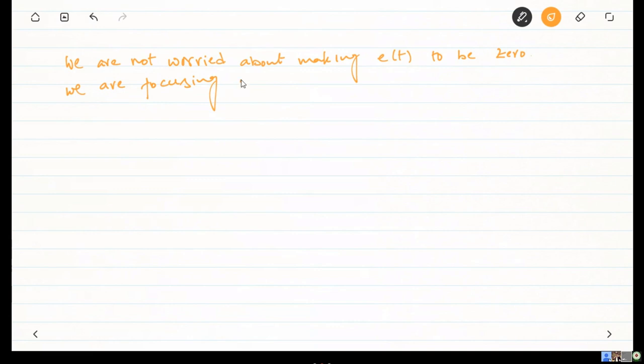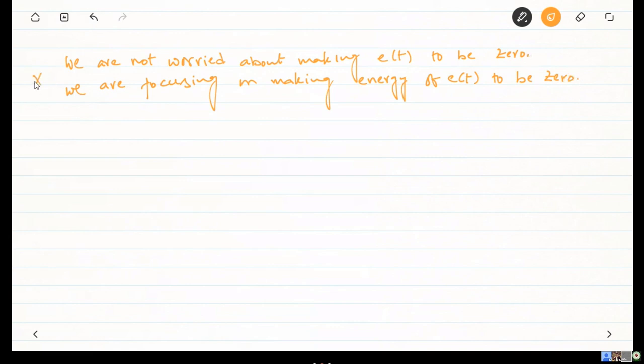We are focusing on making the energy of e of t to be 0.